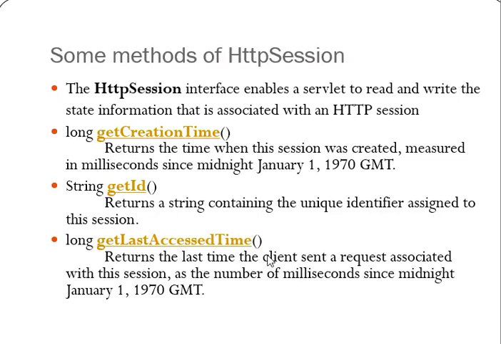Then get last accessed time. This returns the last time the client sent a request associated with the particular session. Again, all the information about the client's dealings with the server can be stored. Several APIs are provided to extract those details: when the client last accessed, and how long the session has been active for that client. Also the IP address of the client machine, the browser, and the version of the browser. All those things can be accessed at the server side.